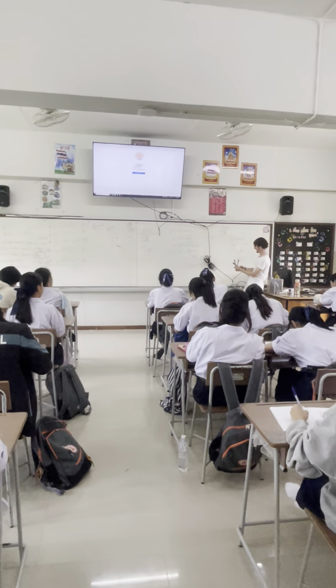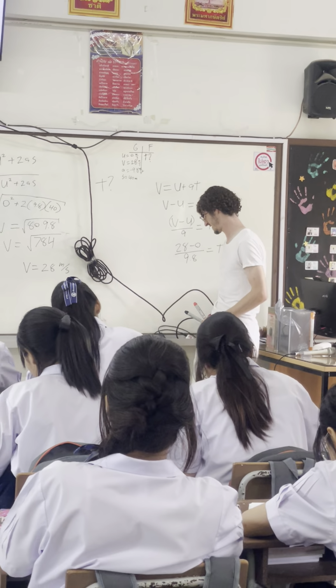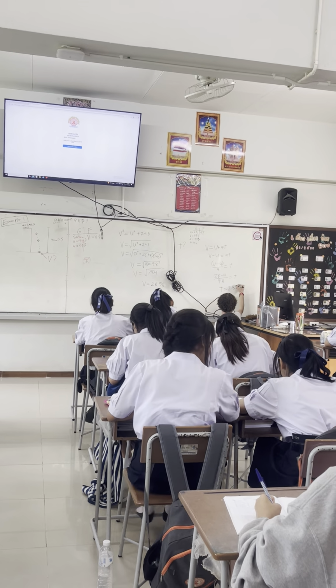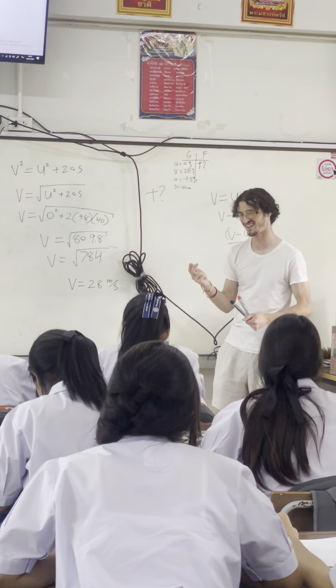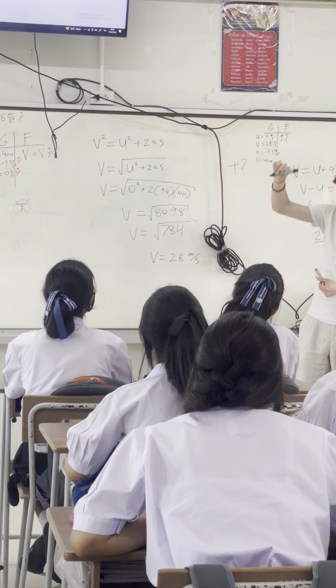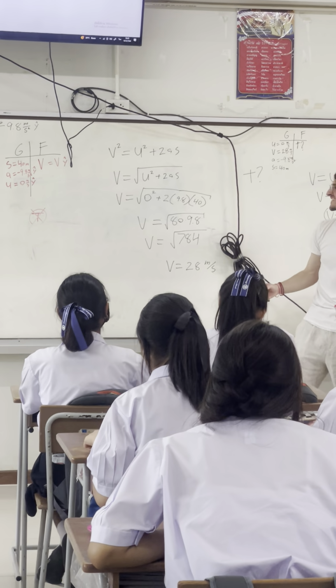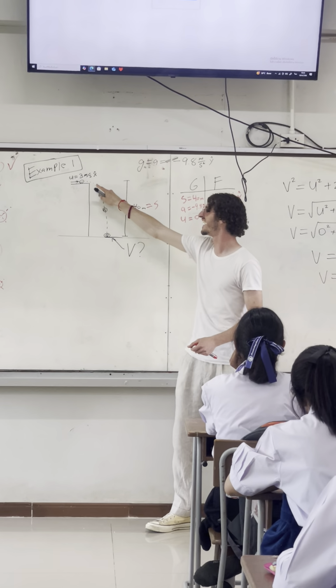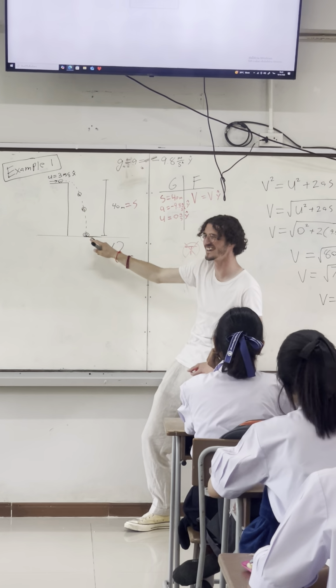28 divided by 9.8 is 2.85 seconds. About 2.85 seconds.